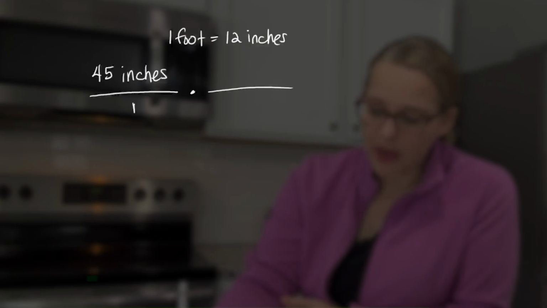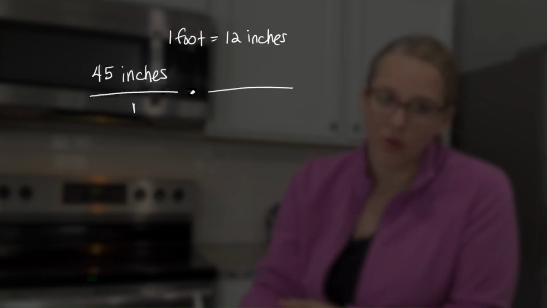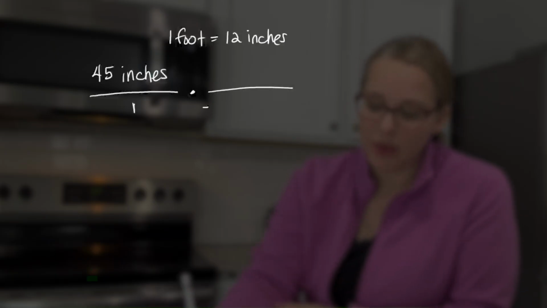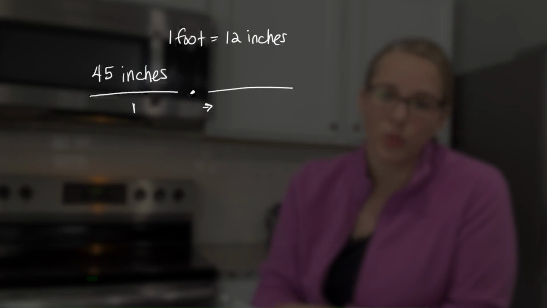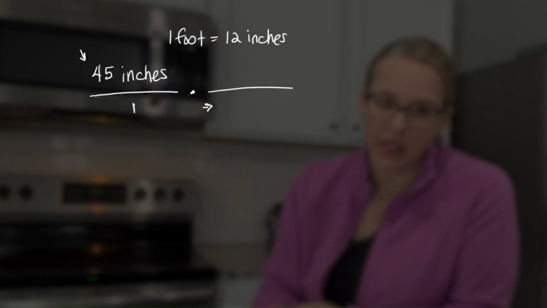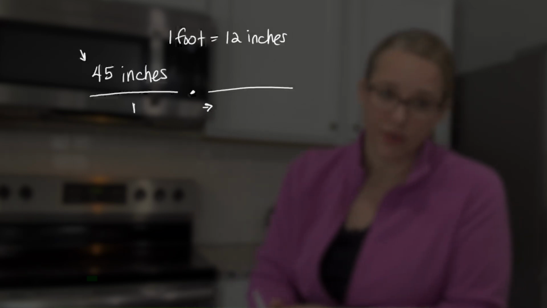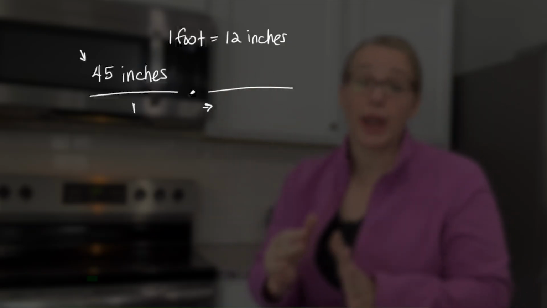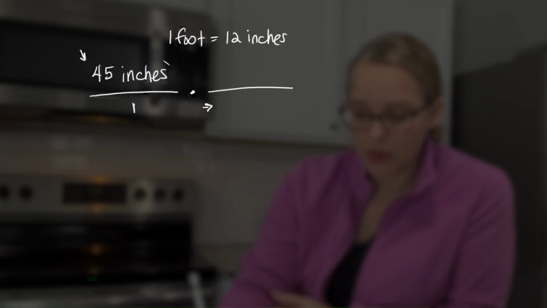Then we're going to multiply, and we're going to have a numerator and denominator over there. And we want our given measurement to be in the denominator. So which one of those am I going to put in the denominator? 45 inches. So we have our 45 inches already here. We're trying to create a conversion factor. So it's going to be 1 foot to 12 inches, but you're right. We want to put the inches on the bottom so that we have inches here and inches over here.